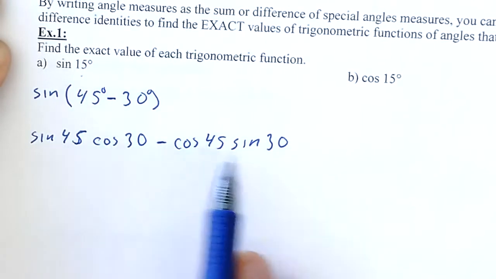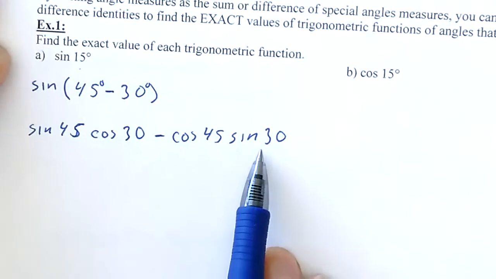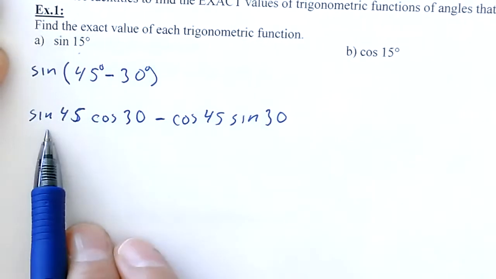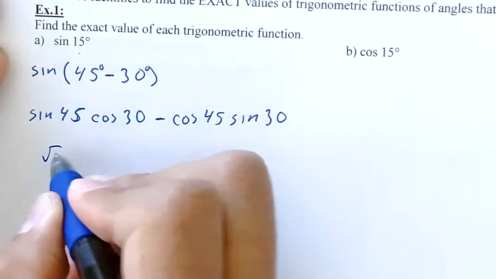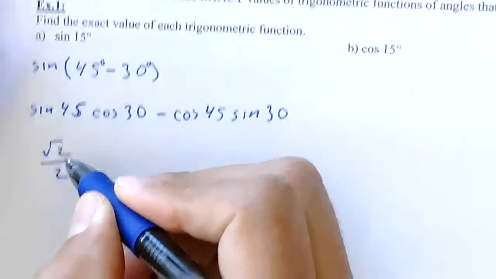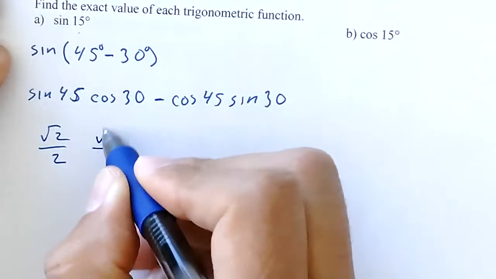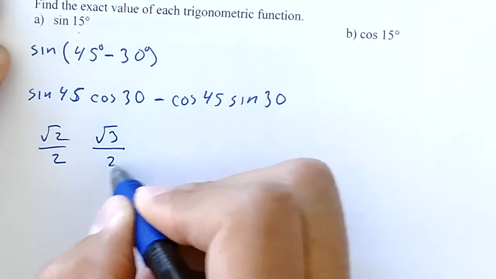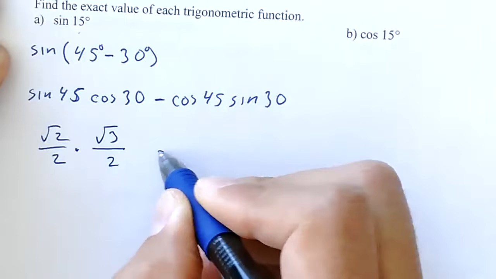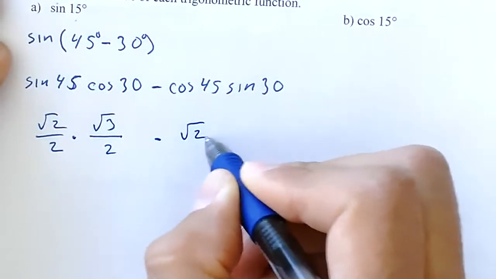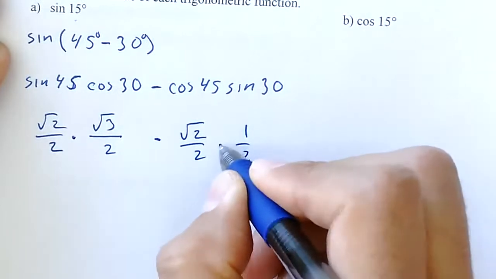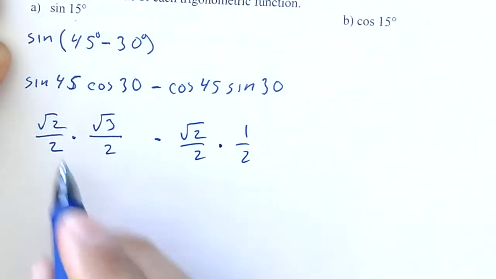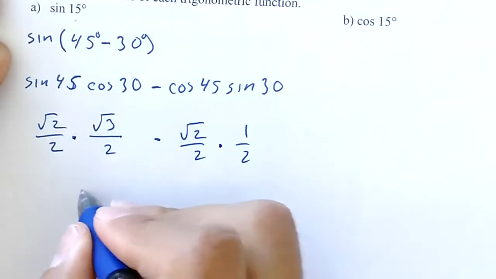Now these are special triangles. Pause the video, draw a triangle, and calculate these values. Sine of 45, cosine of 30, multiplication, cosine of 45, sine of 30, multiplication. I can multiply these two together.